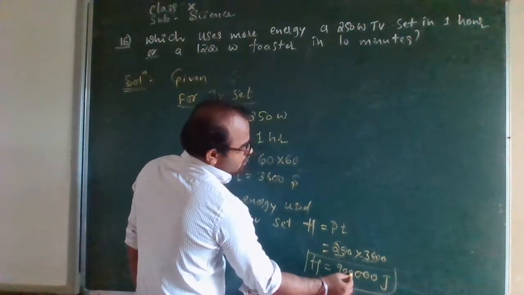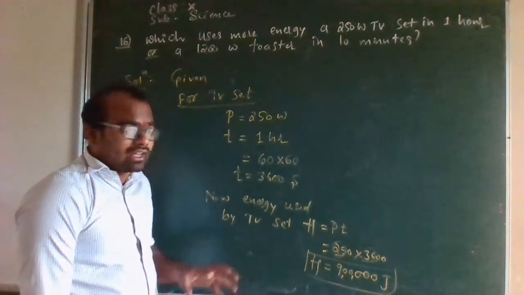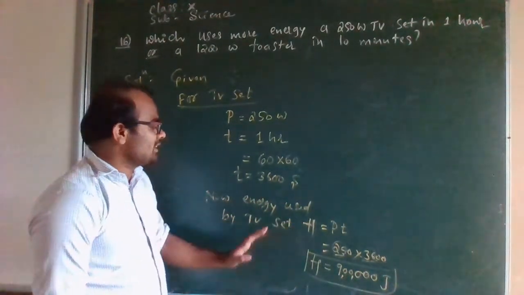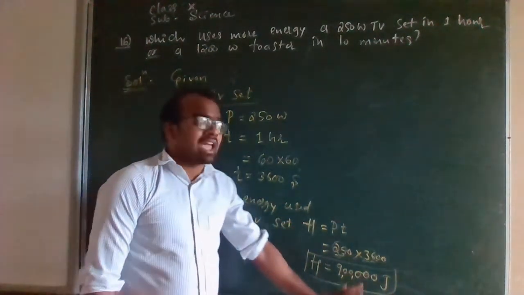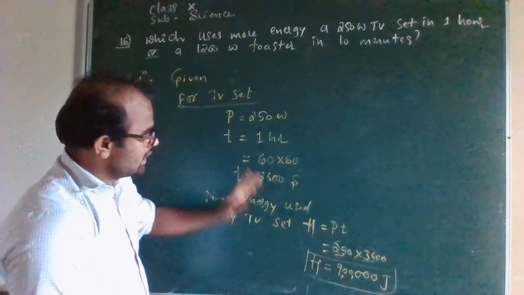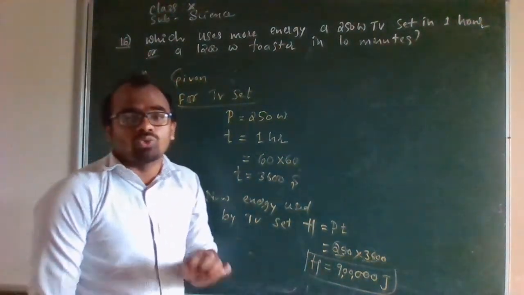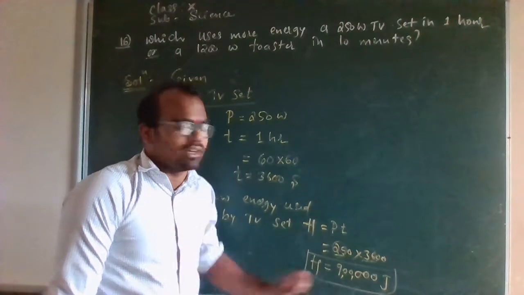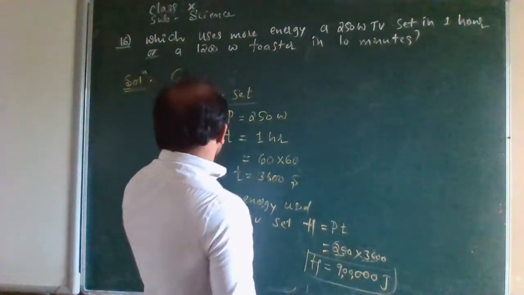So 9 lakh joules. The heat energy or the energy used by TV set is 9 lakh joules. That is used by TV set in 1 hour, 9 lakh joules. I hope you all have understood this. For TV set is over.